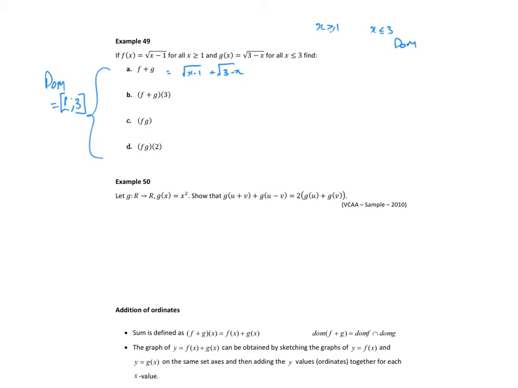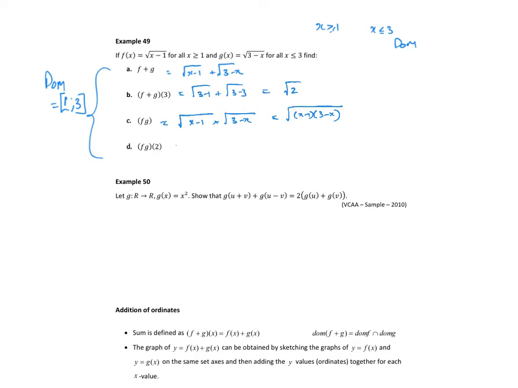F plus g of 3, we just substituted in, which is the square root of 3 minus 1 plus the square root of 3 minus 3, which is equal to 3 minus 1, which is 2, which is root 2. Fg is the product, square root of x minus 1 times the square root of 3 minus x, which is, if you like, to simplify a fraction, x minus 1 times 3 minus x, using our index laws.